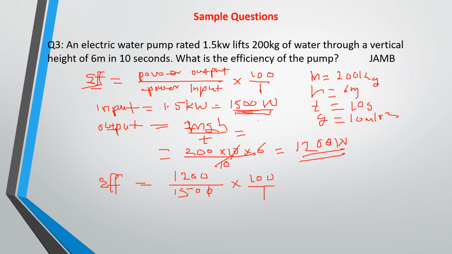Okay, so by the time you work all this out, the efficiency of the machine will be equal to 80%. So this is how to use those formulas that we just discussed.